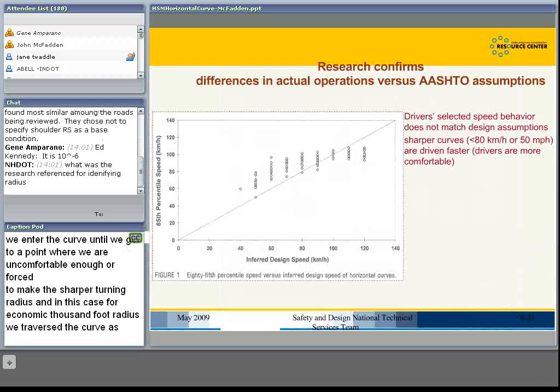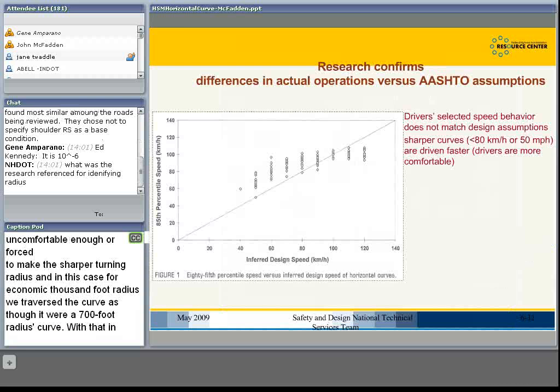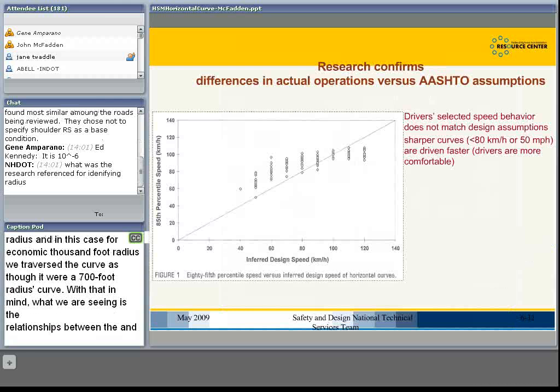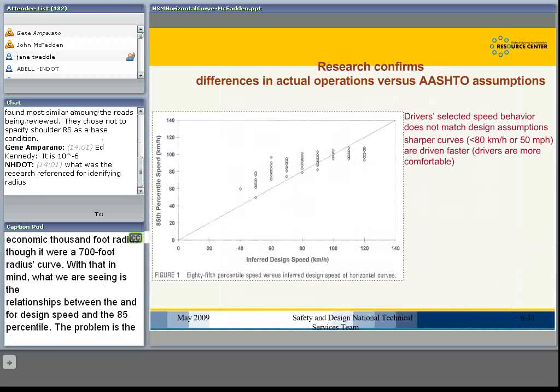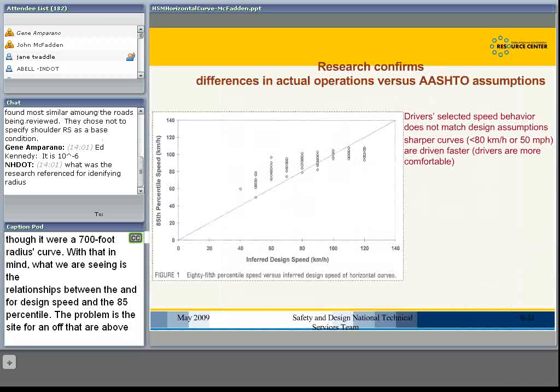What that's saying, as in the example I described earlier, is that we will maintain a higher speed as we enter the curve until we get to a point where we're uncomfortable enough that we're forced to make that sharper turning radius. In this case, for a 1,000-foot radius, we actually traverse the curve at some point as though it were a 700-foot radius horizontal curve.